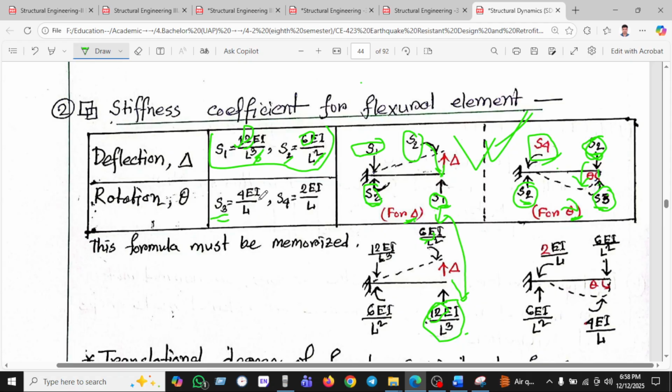What will be S3? S3 is nothing but 4EI by L, and S4 will be half, 4 halved is 2, which is 2EI by L. So you can just keep this in mind. I think you can understand and keep it in mind.